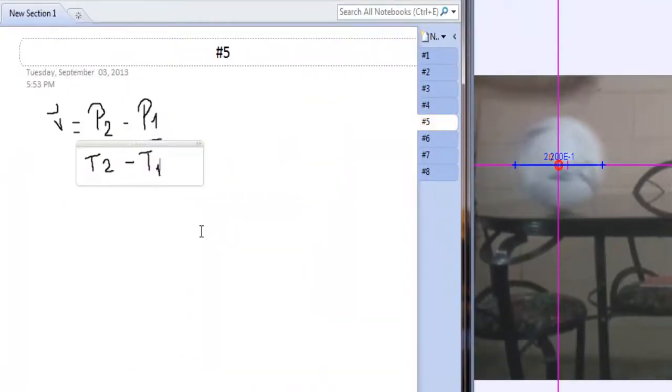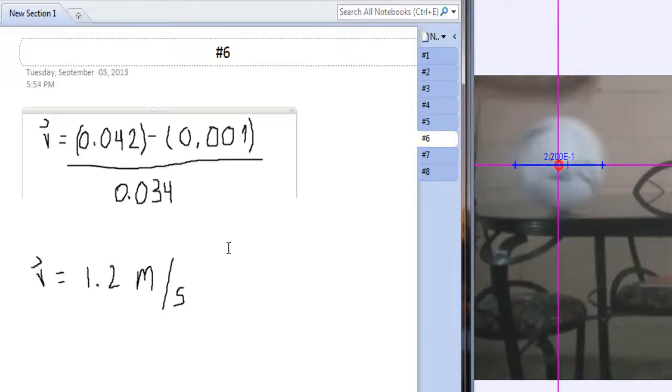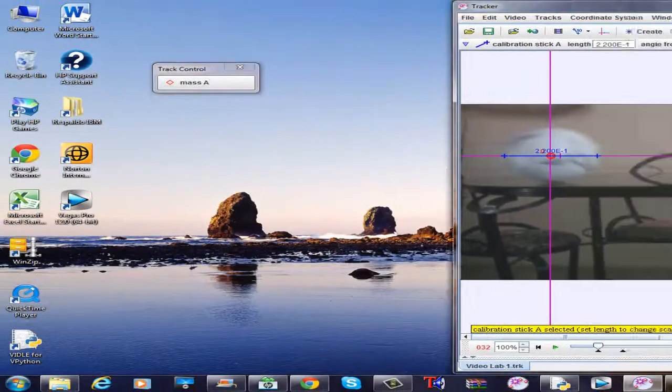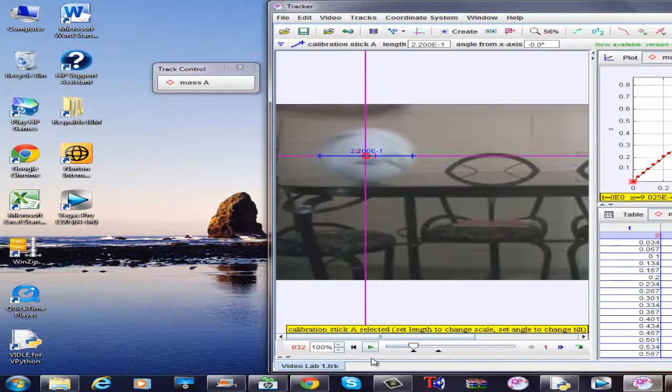To do this, we have to calculate the position 2 subtracted by the position 1 and divided by the time 2 subtracted from the time 1. So here I did it, and the average velocity is 1.2 meters per second. That's the velocity of the ball.